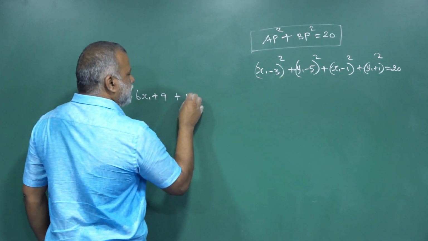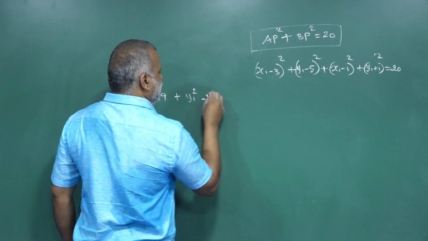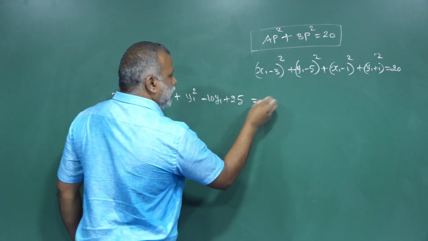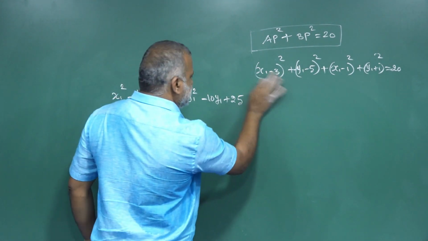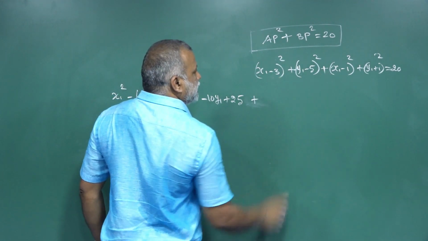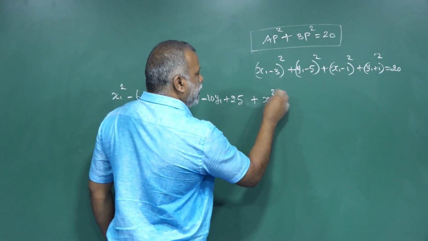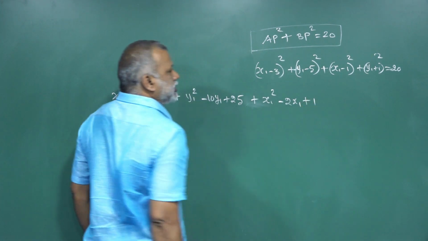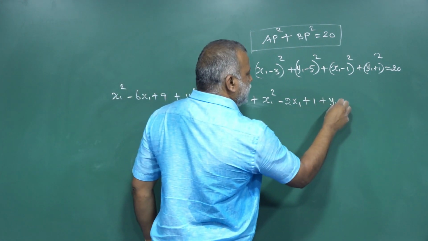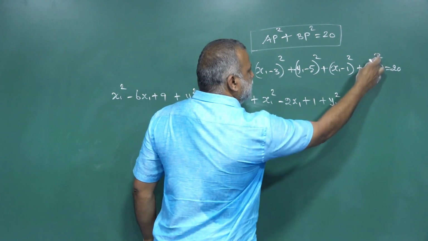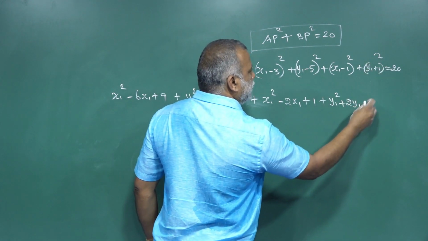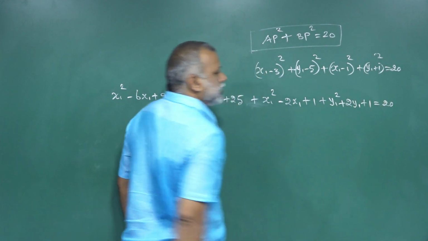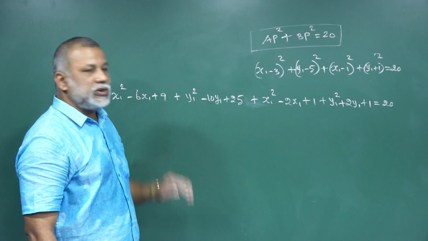Again y1 squared minus 2 times 5 is 10y1, plus 5 squared becomes 25. On the same side, here x1 squared minus 2x1 plus 1 squared means 1. Here y1 squared plus 2y1 plus 1 squared becomes 1. Here this is equal to 20. So this is the result you are having.